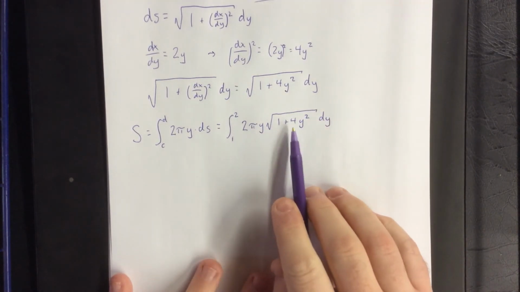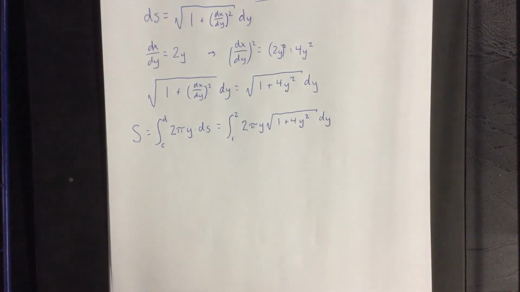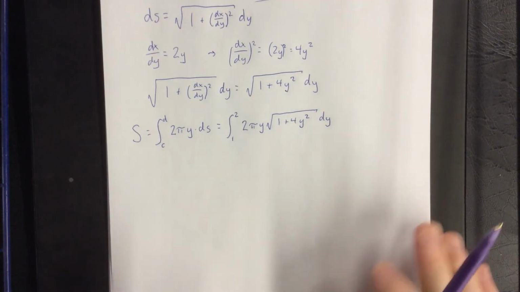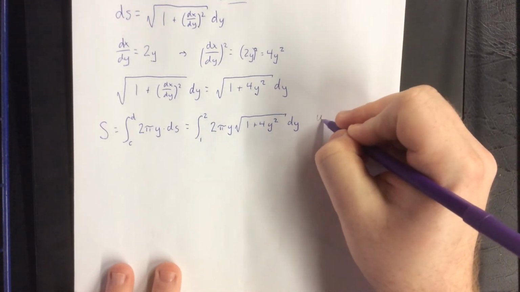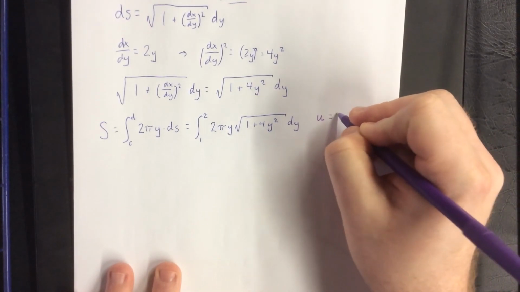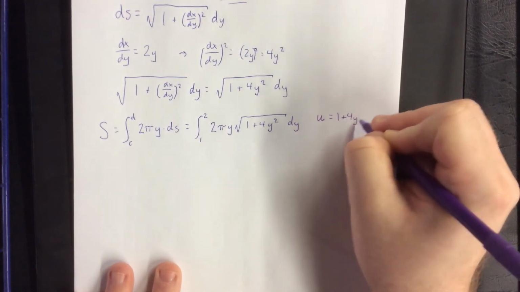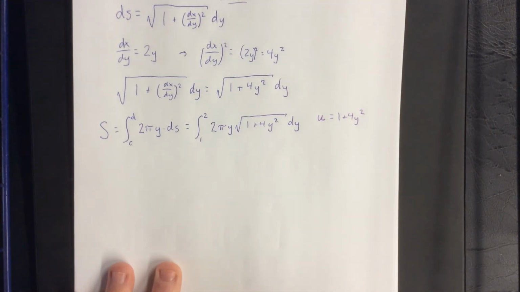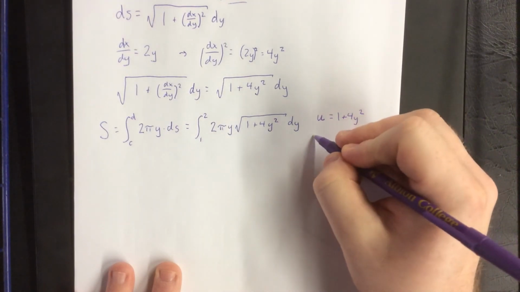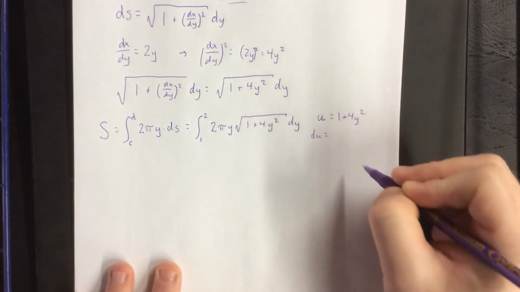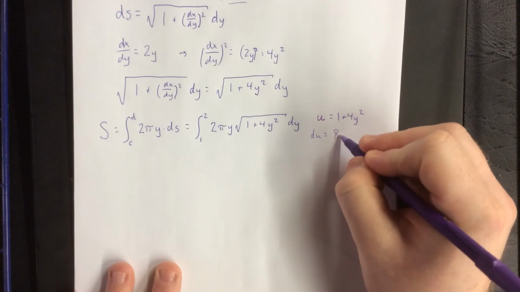Now, given the 1 plus 4y squared under the radical, you might be tempted to think trigonometric substitution, and let me tell you, you're not wrong. However, we can make this problem a lot easier by doing simply a u substitution. The u substitution I'd like to do is u equals 1 plus 4y squared. That way we'll have that du is equal to 8y dy.